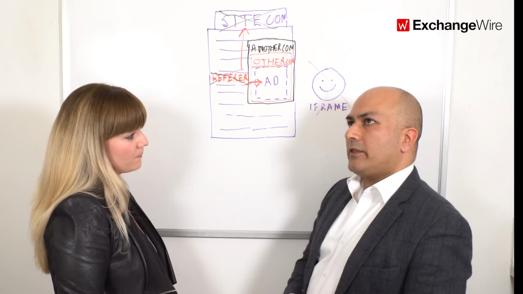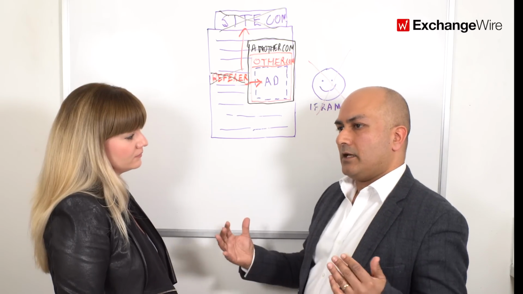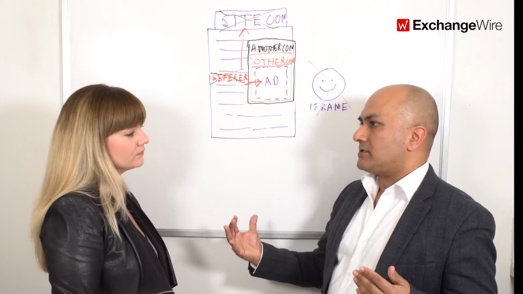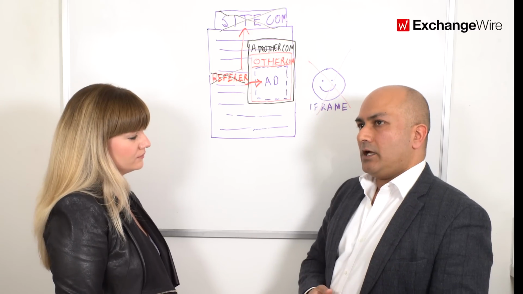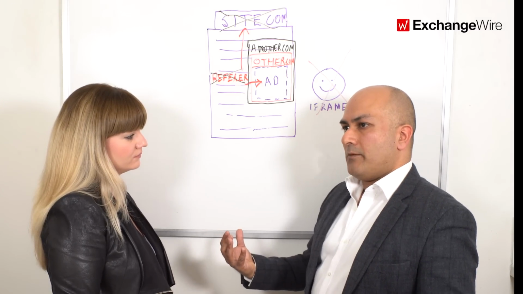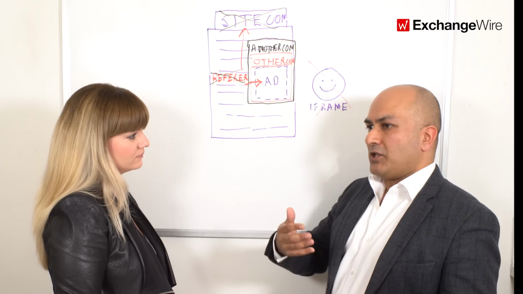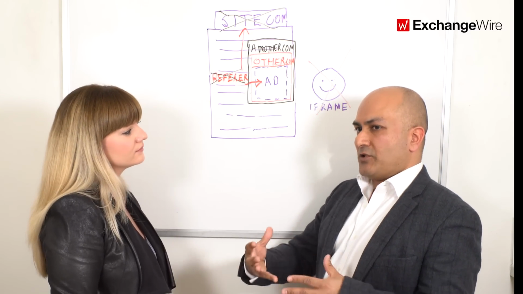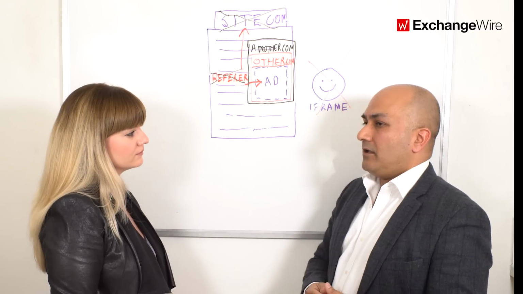Who is responsible overall? Yeah, so I think it should be everyone's responsibility throughout the chain to check the inventory. From the buy side, it's really important to measure the campaigns and make sure you're reaching the right audience, you're on the correct websites. So it's their responsibility to check that.